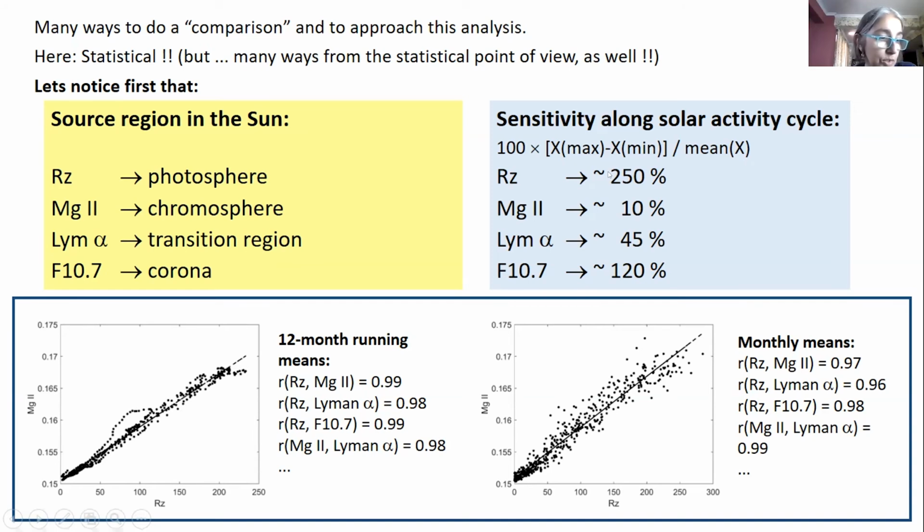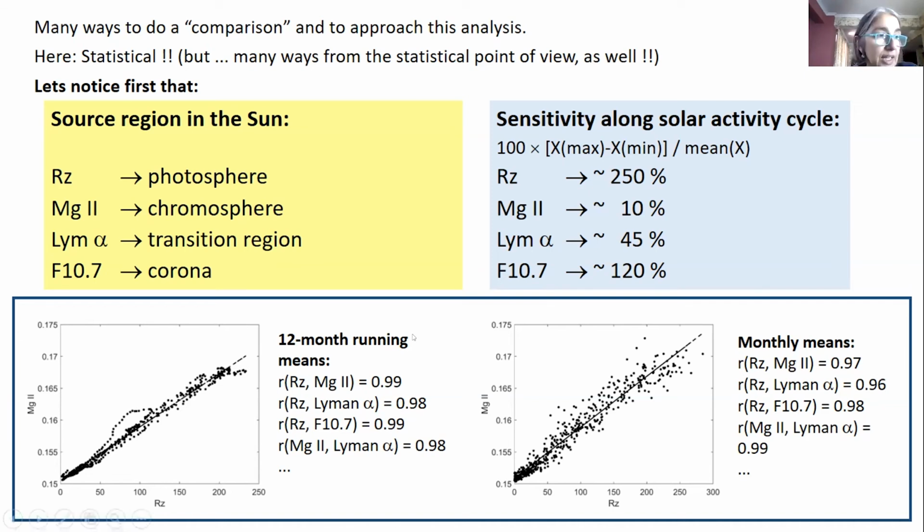And here to the right, the variation along the quasi-decadal cycle in terms of percentage is shown and is estimated as the amplitude in a given cycle over the mean value in its cycle. With this, I want to show the sensitivity of each index to solar activity variation, and we have that sunspot number has the highest sensitivity, followed by F10.7, and the least sensitive to solar activity variation is magnesium 2.